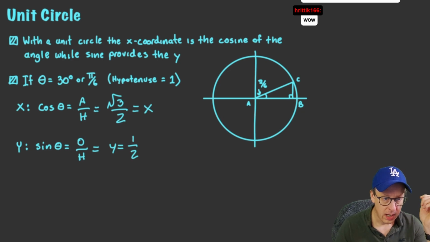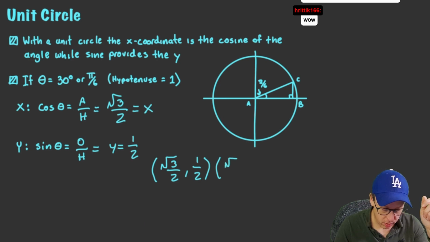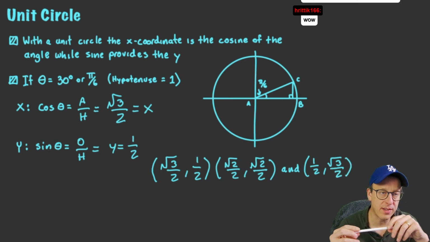All right. And basically, if you memorize the square root of 3 over 2 and 1/2 and the square root of 2 over 2, square root of 2 over 2, and 1/2 and square root of 3 over 2, you can find the cosine and the sine of 16 different angles.